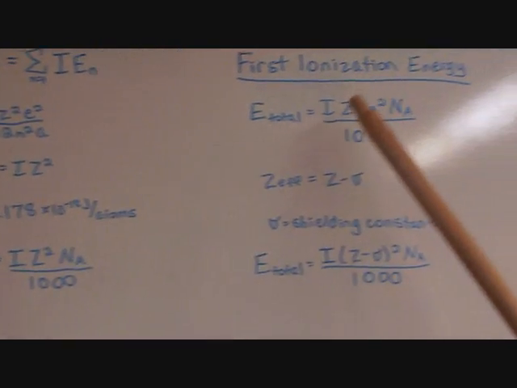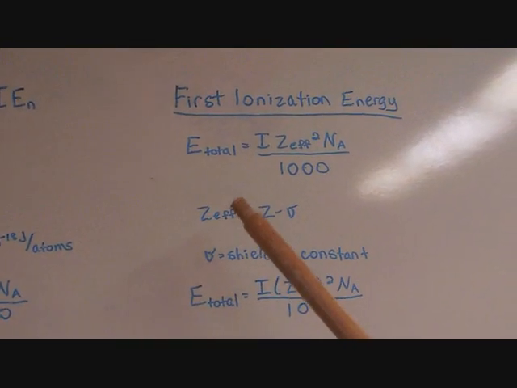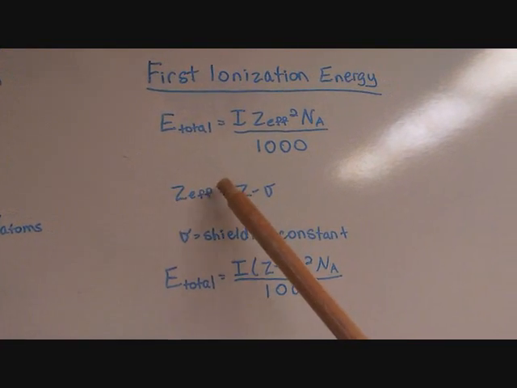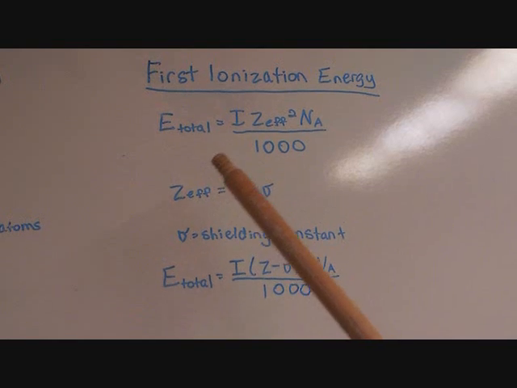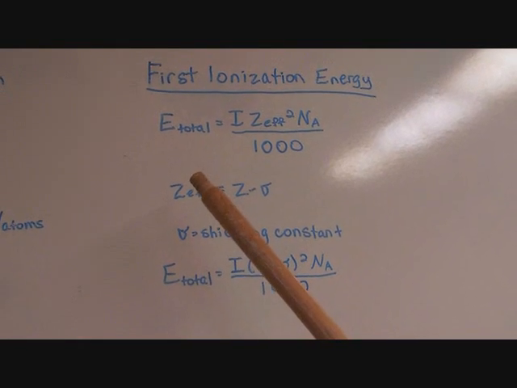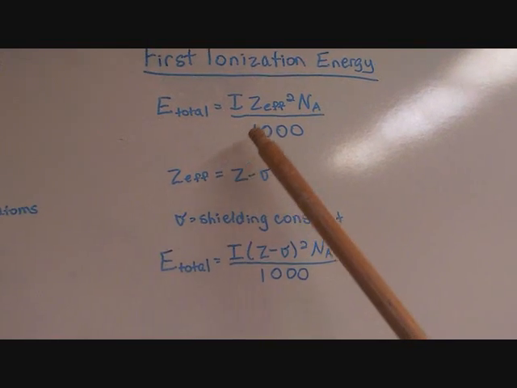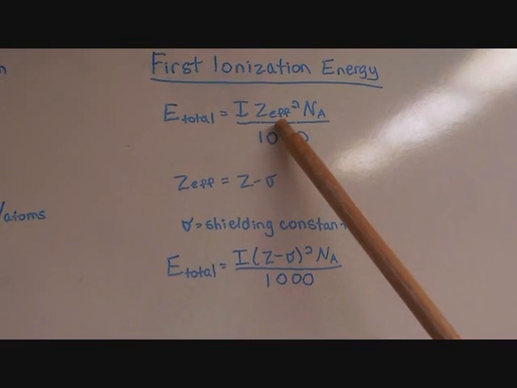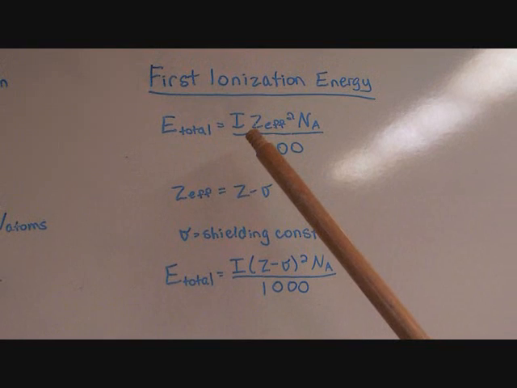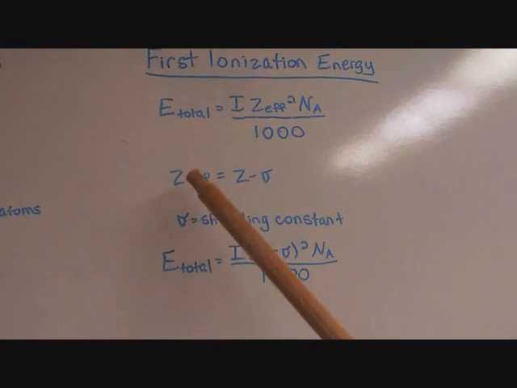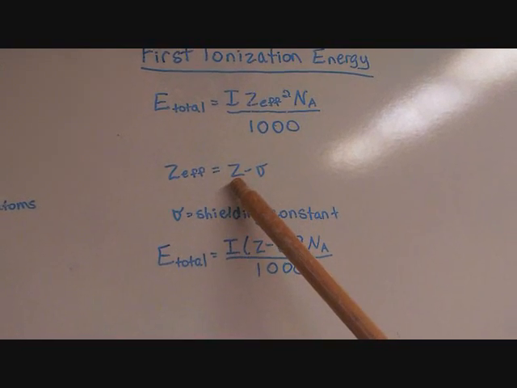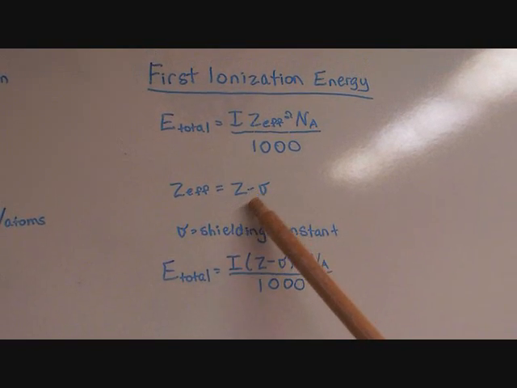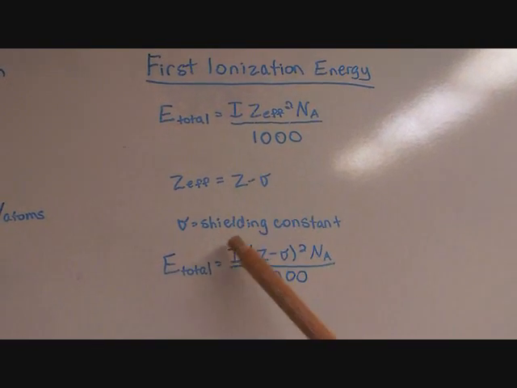For the first ionization energy, it is a little different due to the shielding effect of the first electron by the second electron. The second electron shields the first electron from the full charge of the nucleus. Therefore, the effective nuclear charge that is experienced by the first electron is the nuclear charge minus sigma, the shielding constant.